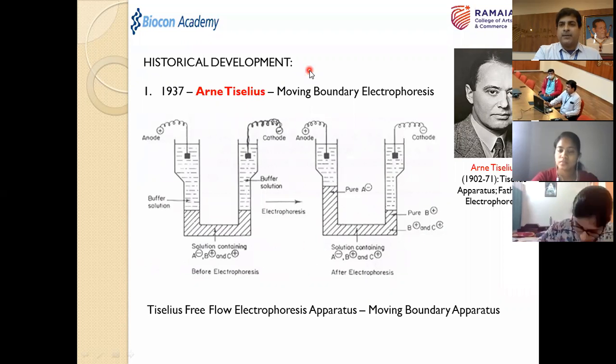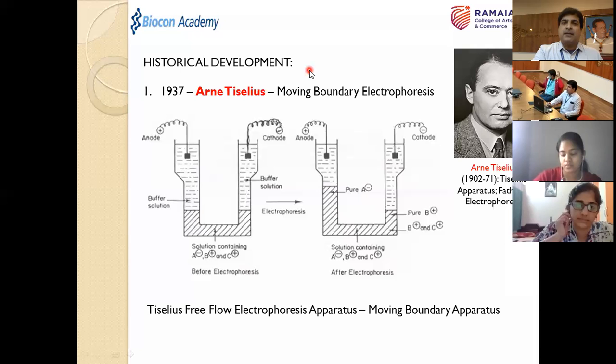He was known as the father of electrophoresis, and he was a pioneer of the primitive version of electrophoresis, known as moving boundary electrophoresis or free flow electrophoresis apparatus. That was very primitive and early times, and they used the separation technique in solutions.